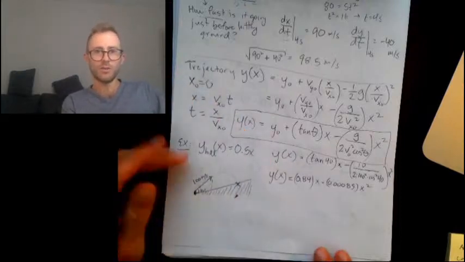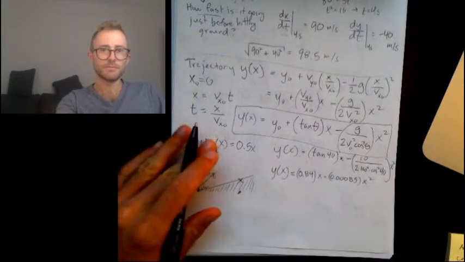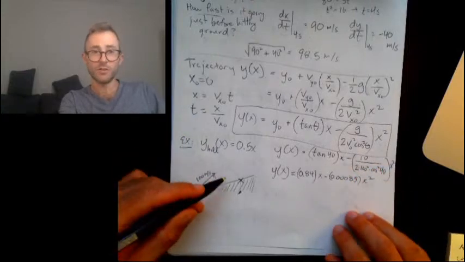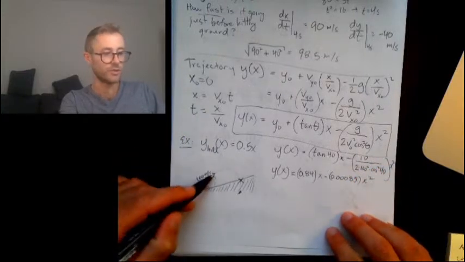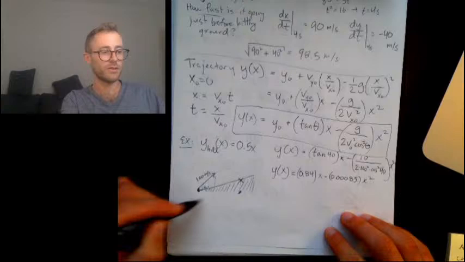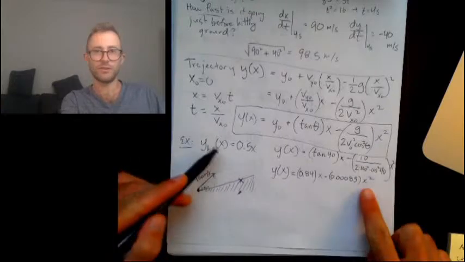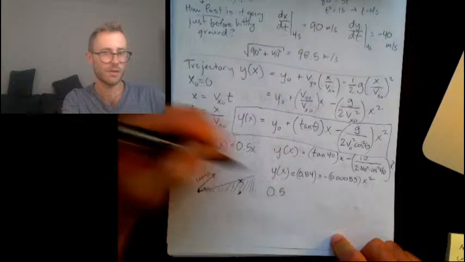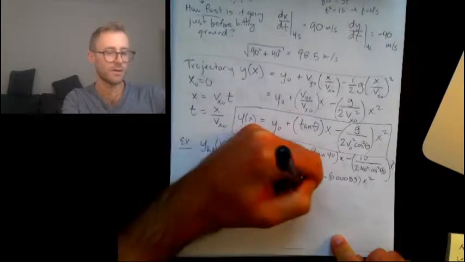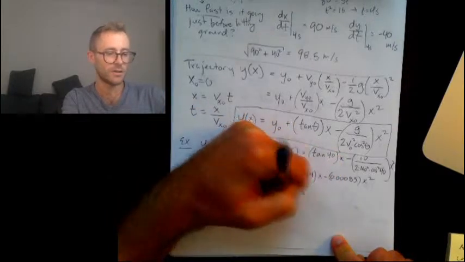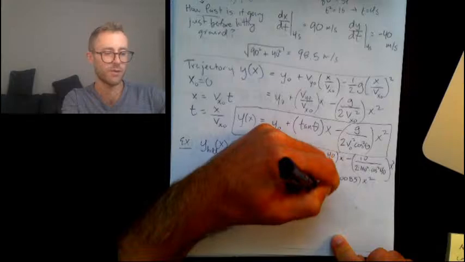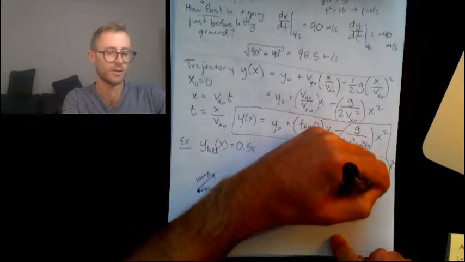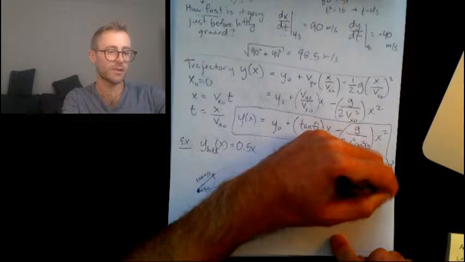So how do we tell when it hits the hill? It's basically a collision between the trajectory function and the hill function. So we just want to set these two functions equal to each other. So we have 0.5x equals 0.84x minus 0.00085x squared.